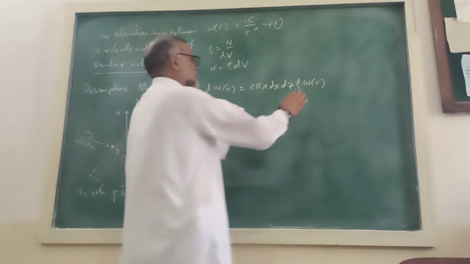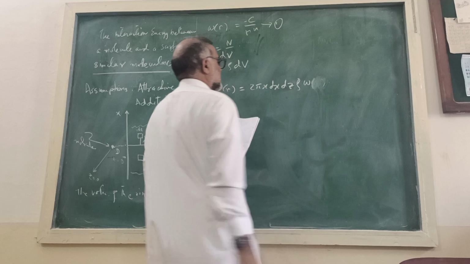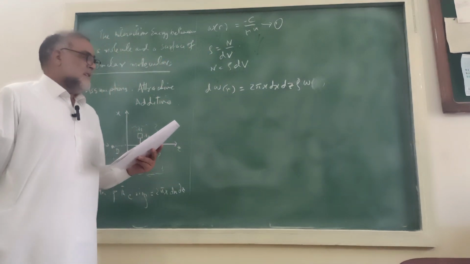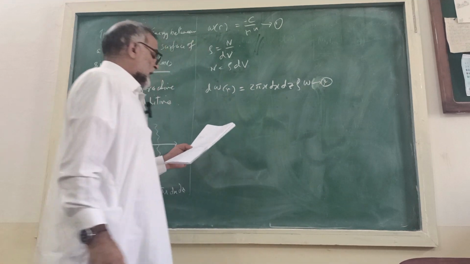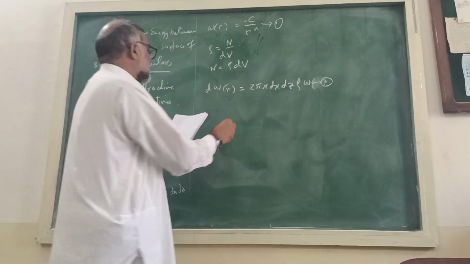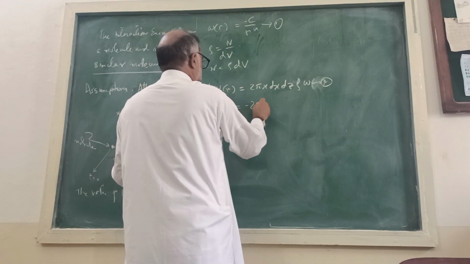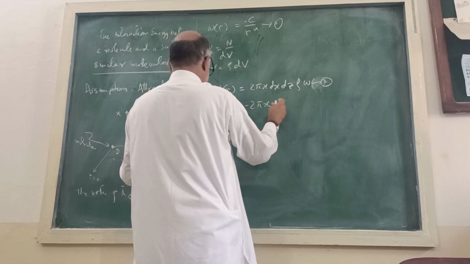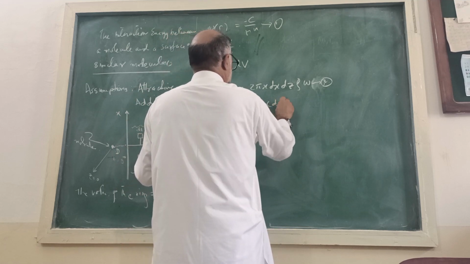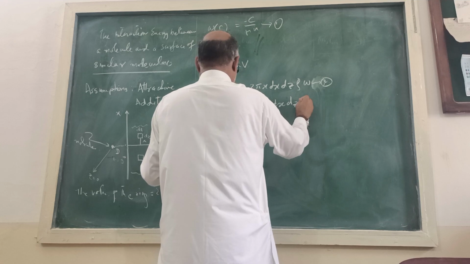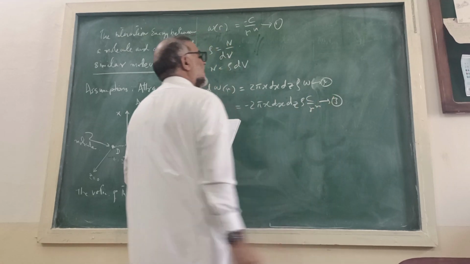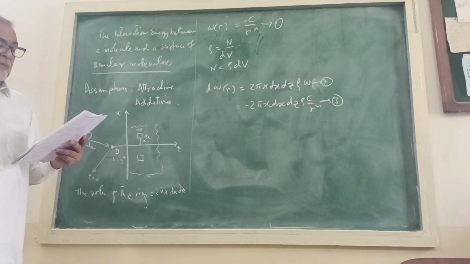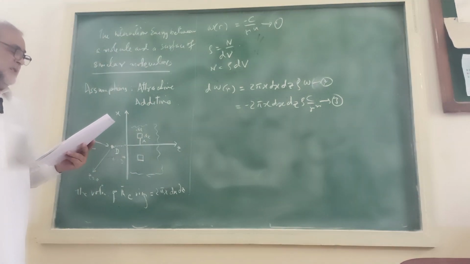If this is equation number 2, then we can write it like minus 2 pi x dx dz rho c over r to the power n. We put the value of the r, right?